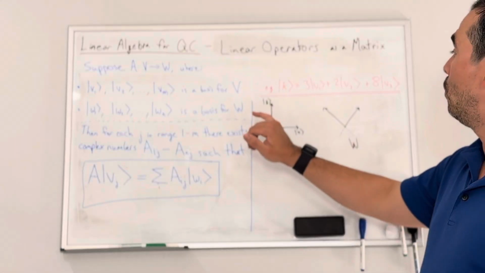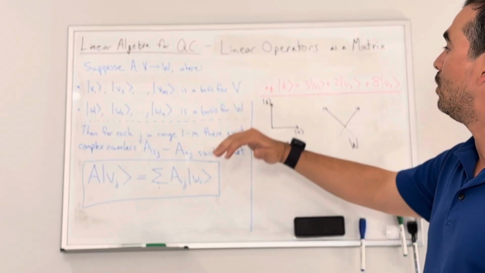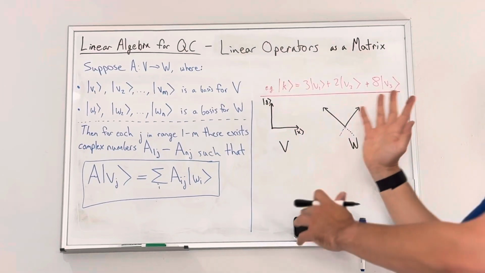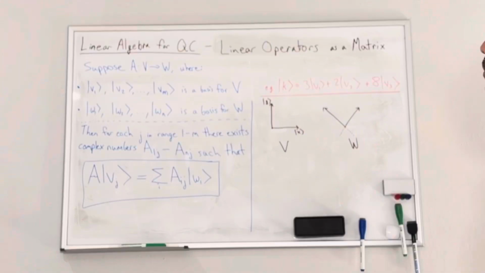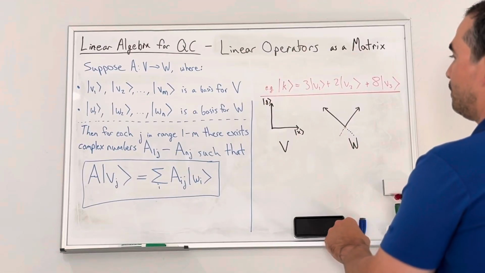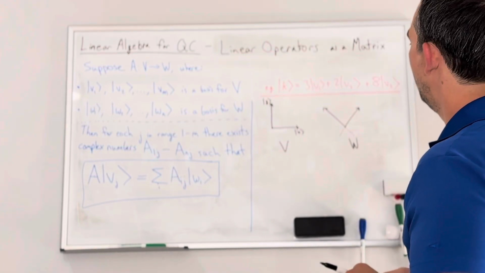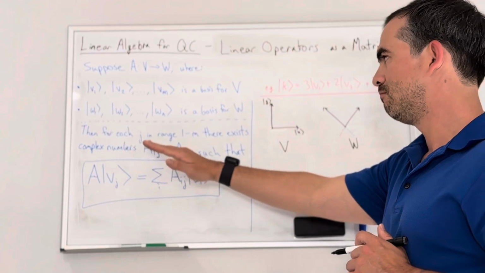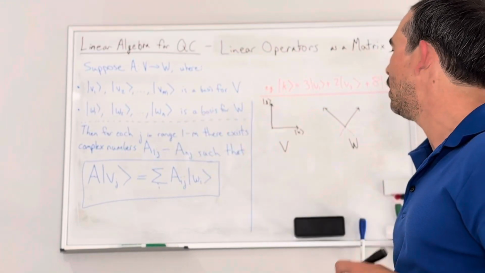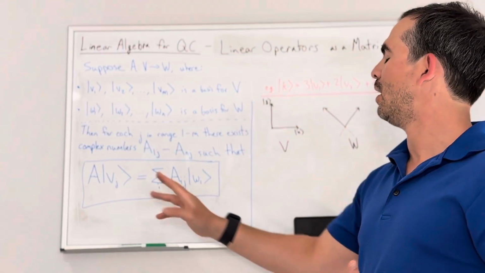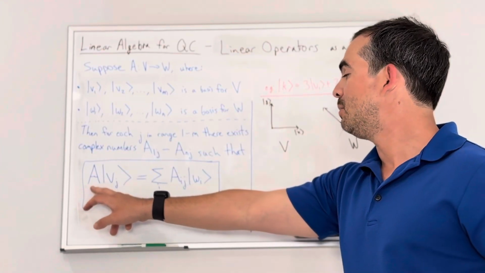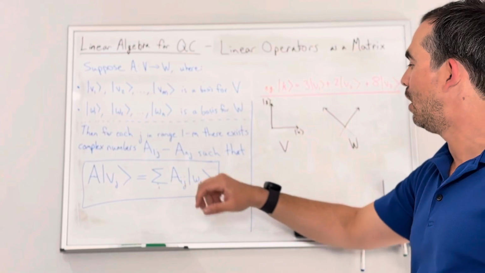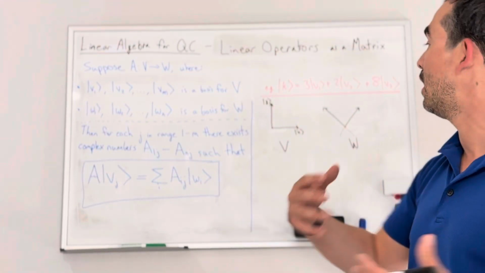And the same is true for vector space W. I have w1, w2, a different set of basis vectors for W. What we're trying to say here is that for each number in a range, there exist these complex numbers that operate in this fashion. A being applied to a vector gives you a weighted sum of other vectors in the next vector space.